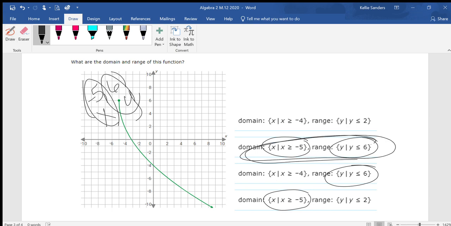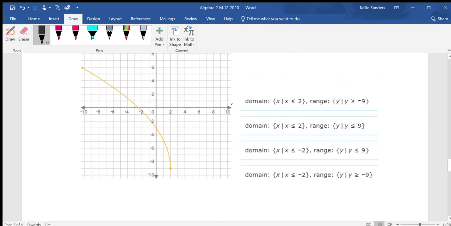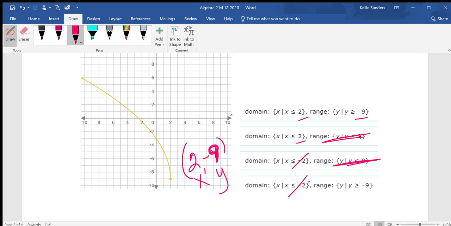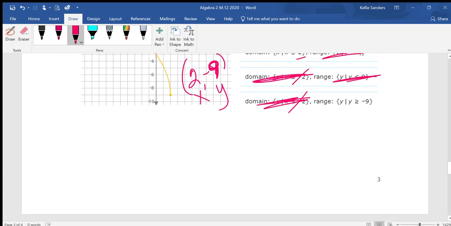So there we go. Let's do that one again. This one is at a +2 and a -9. That's our x and that's our y. +2, nope, nope. -9. Negative 9, negative 9, nope, nope, nope. So those are the only two, positive 2 and negative 9.